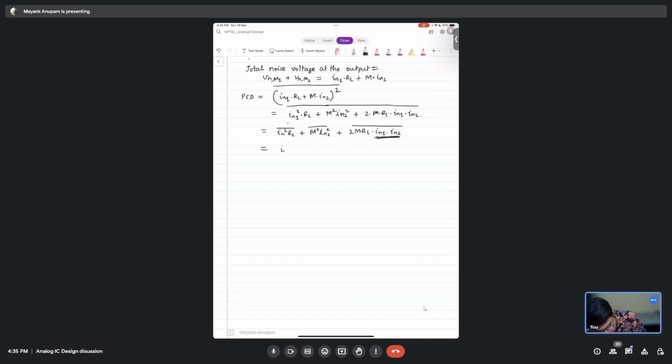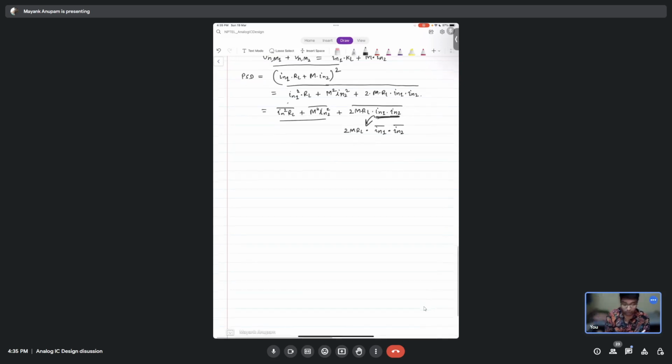Do you get what I'm saying? So let's only consider this one. In this case, this can be written as 2m times RL times the multiplication of their individual means.